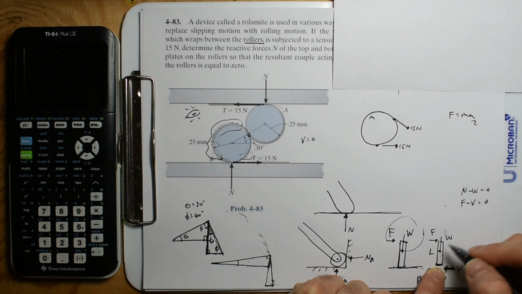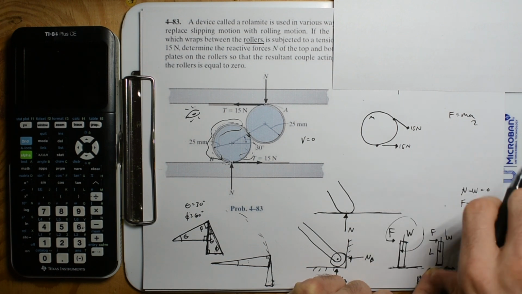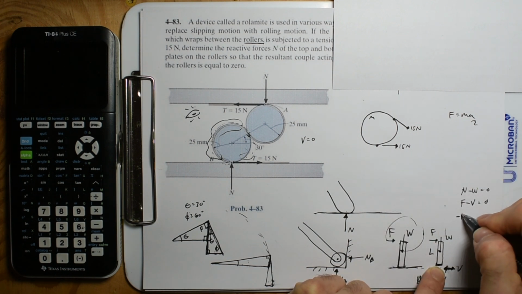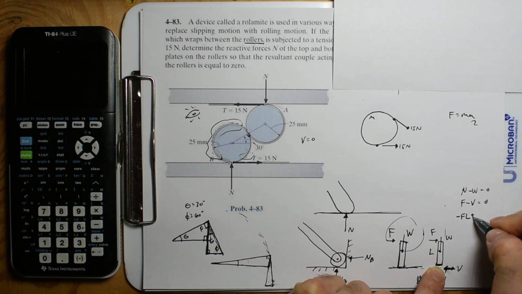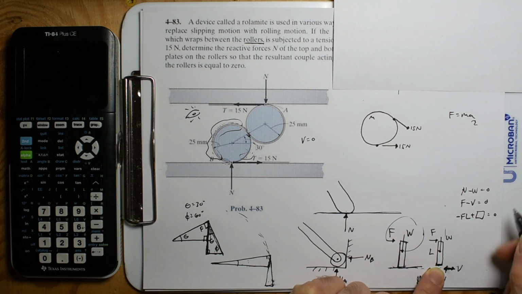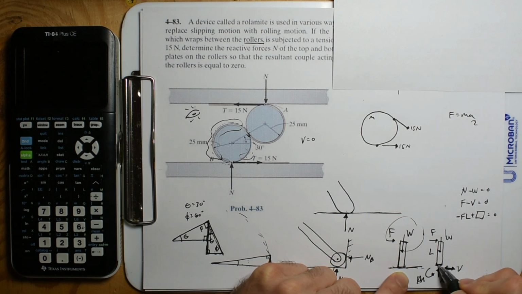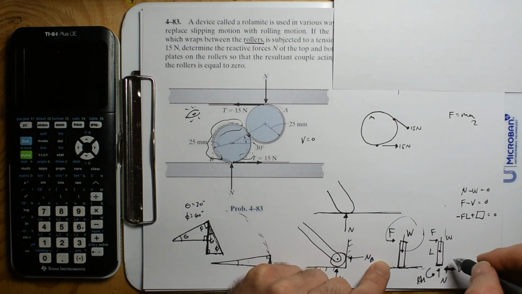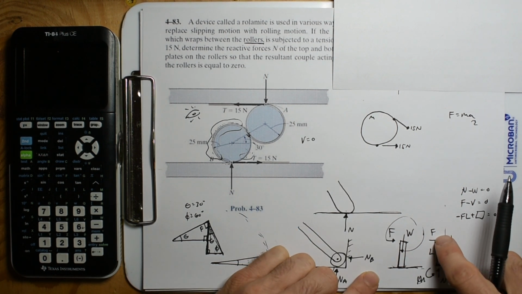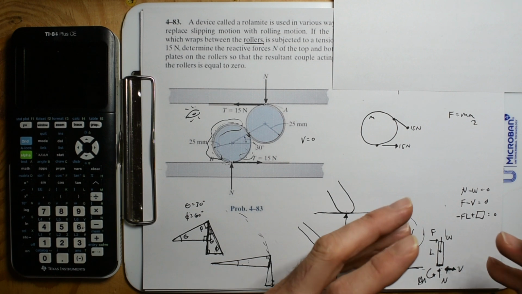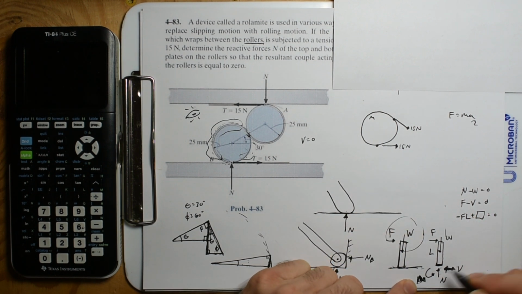So we have a length L on here, and the moment is going to be a negative FL, and then we have to add something to have it equal 0. There's no other force that's generating a moment, so we just have to add a moment. That's the moment that we add.